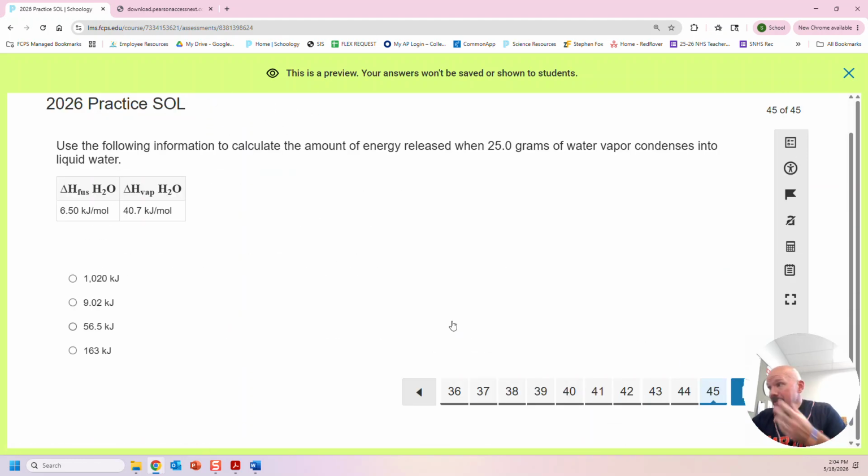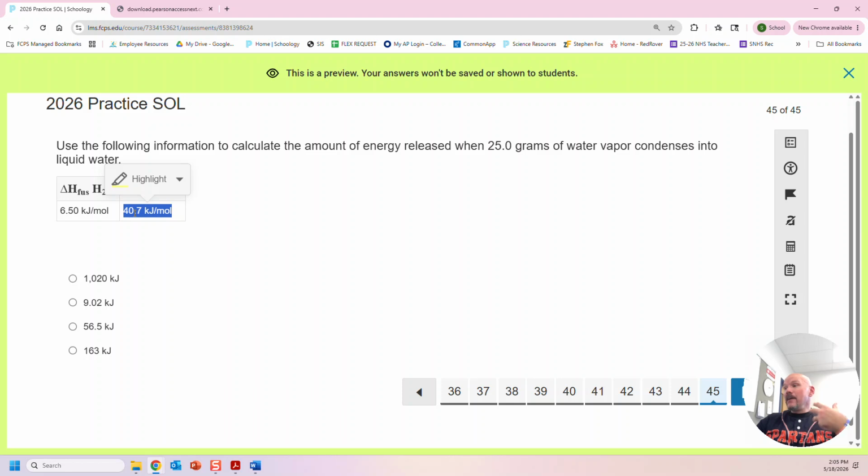All right. Last question. So they gave us the heat of fusion for water. Remember, this is the energy for melting, freezing. They also gave us the heat of vaporization for water. This is the energy for vaporizing or condensing. It's positive if we're vaporizing because that requires energy.